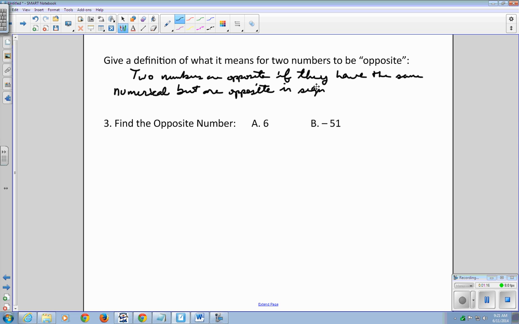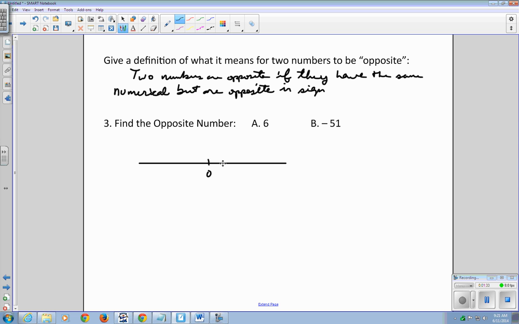So what does that mean to us? Well, for two numbers to be opposite, that means that, for example, if we were to look at them on the number line, we would see that they have the same numerical value, but on opposite sides of the origin.